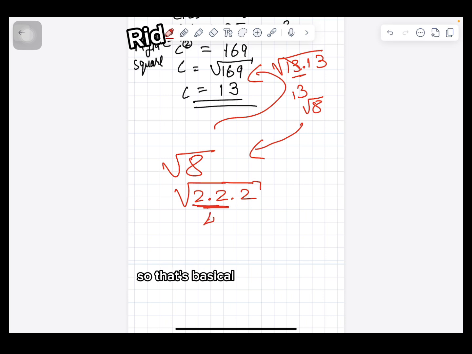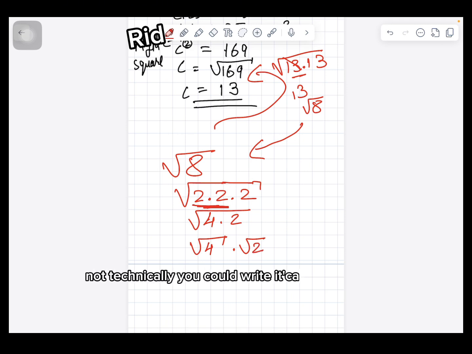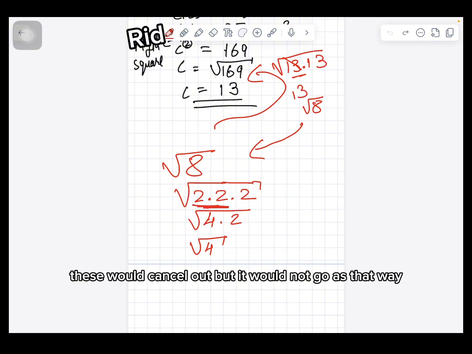So that's basically 4 times root 2. You could also write this as root 4 times root 2. Technically you could write it, because at the end these would cancel out, but it wouldn't go that way.